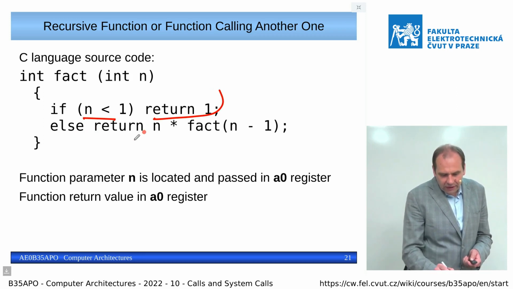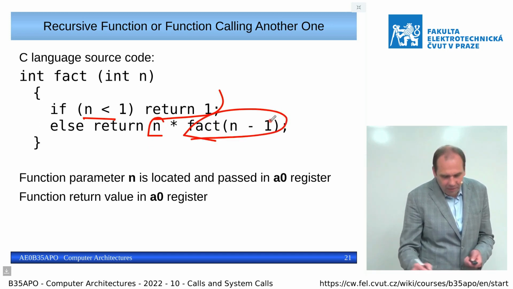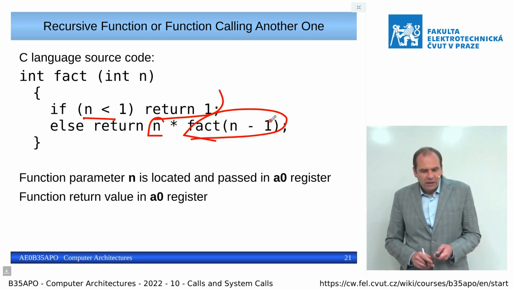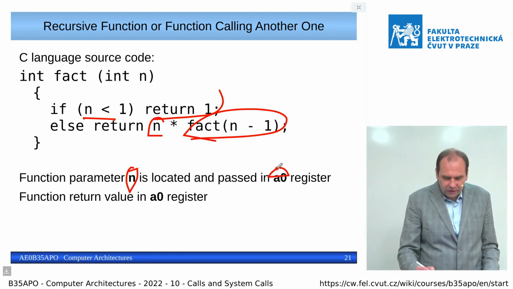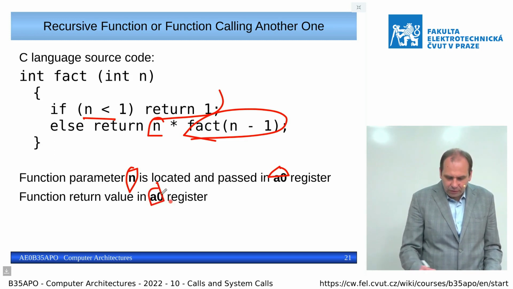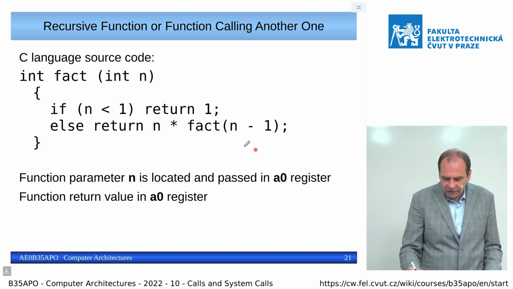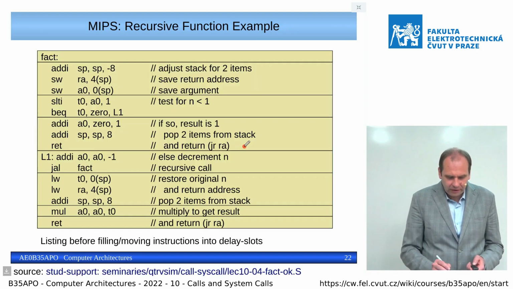In another case, we return n multiplied by factorial of n minus 1. And n is the input argument, so it is in A0, and on RISC-V even the return value is in A0, so it is a little simpler than on the MIPS.